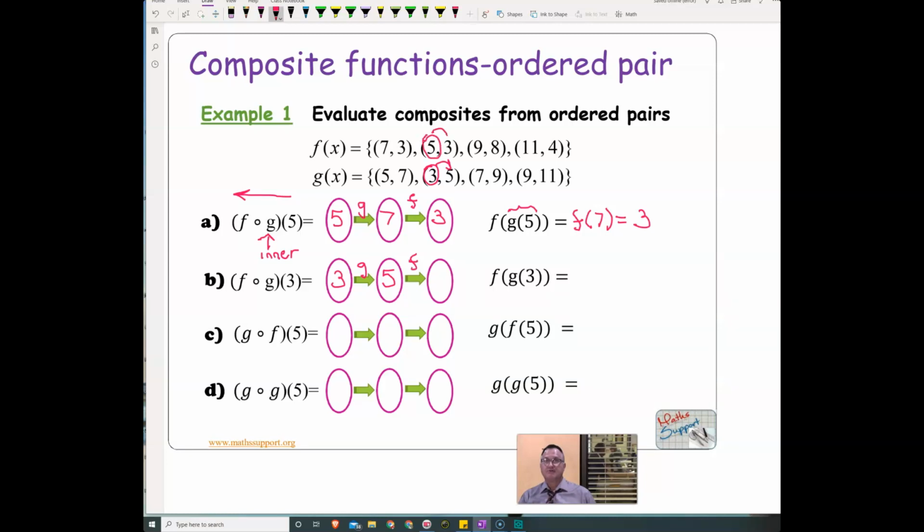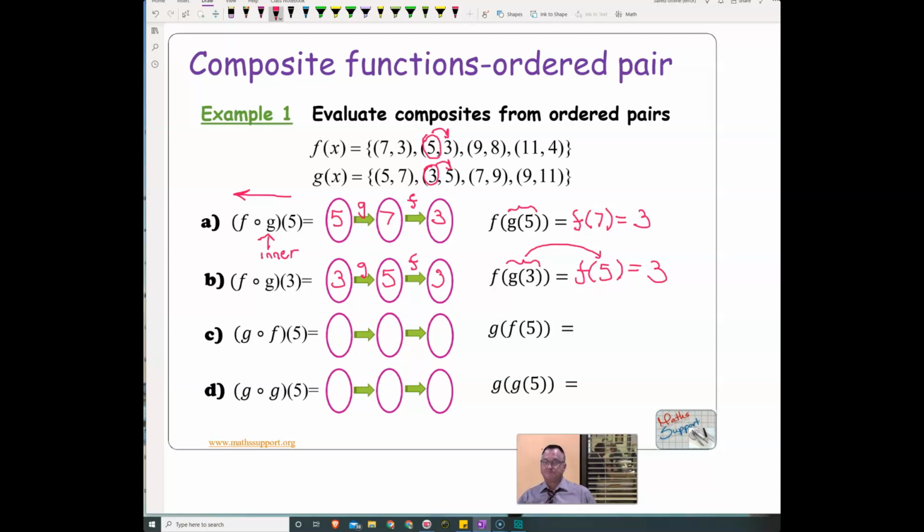There's the input of 5, and its output is 3. So notation-wise, the way that we would write this is our first step would be find g of 3. When I got g of 3, this became a 5, and then the output associated with 5 for function f is 3.